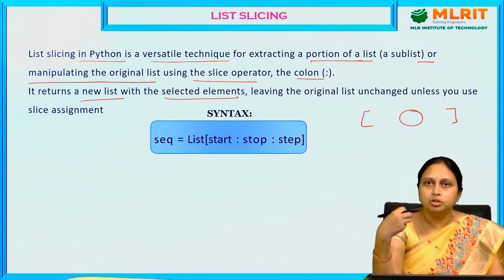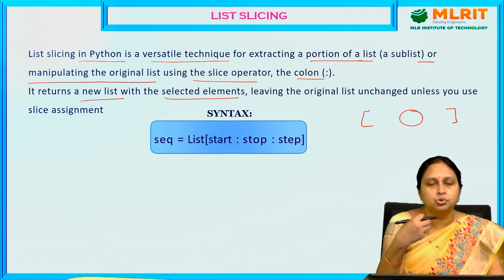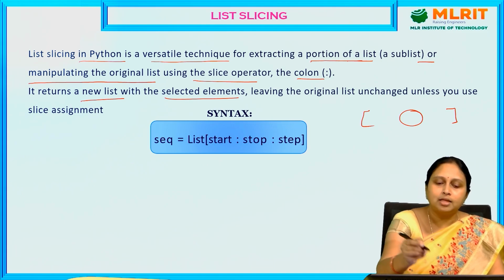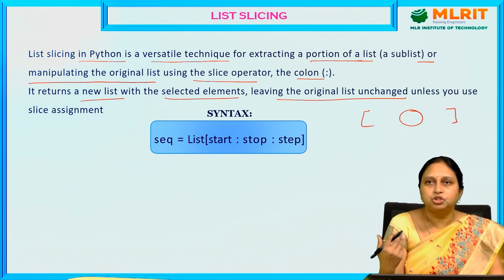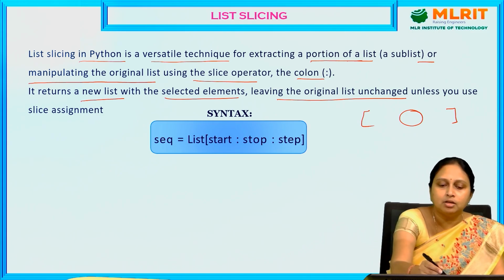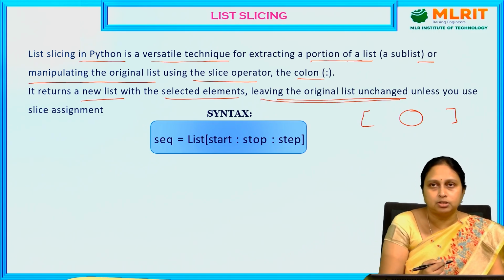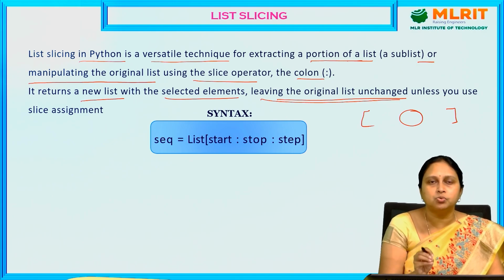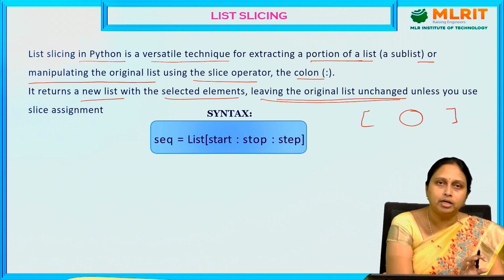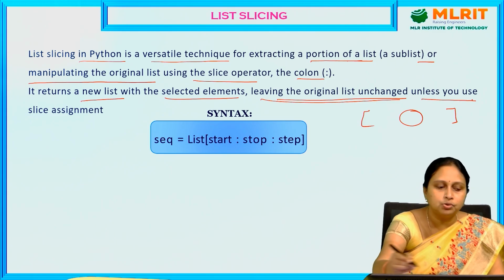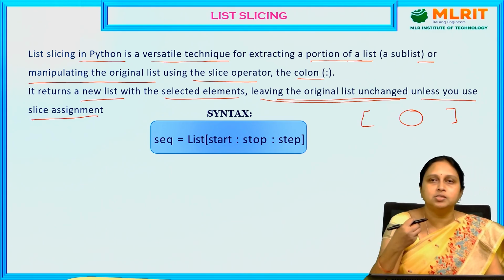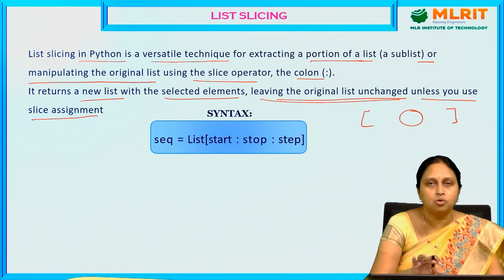Whatever portion you want to display will be stored in a new list and displayed, leaving the original list unchanged. We are not disturbing anything in the original list; the selected portion is stored in a new list and displayed, unless you use slice assignment. By using slice assignment, we can do all these things.